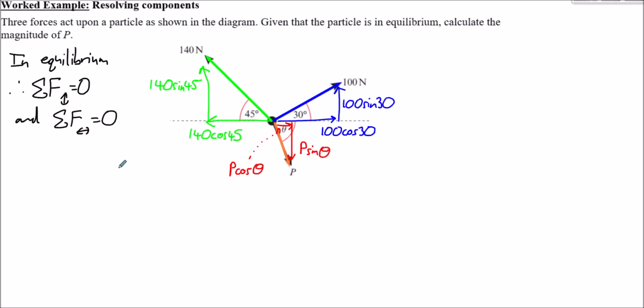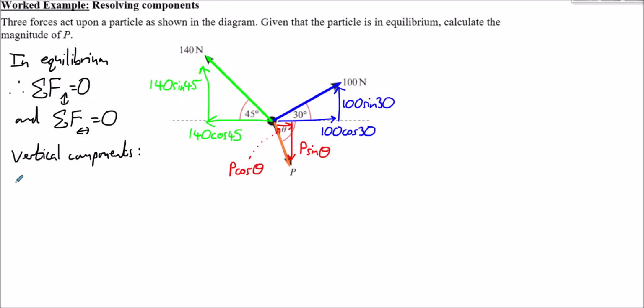I'm going to go vertically first. So taking vertical components of these forces, essentially, the sum of the forces going up and down will be equal to 0. So forces going up will equal forces going down, to put it simply.